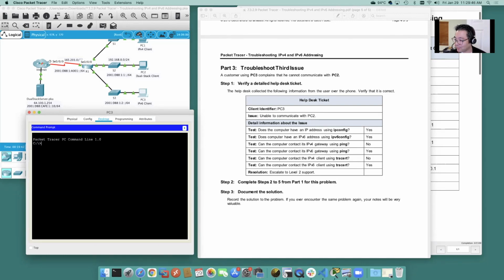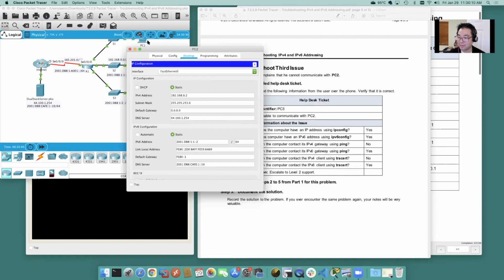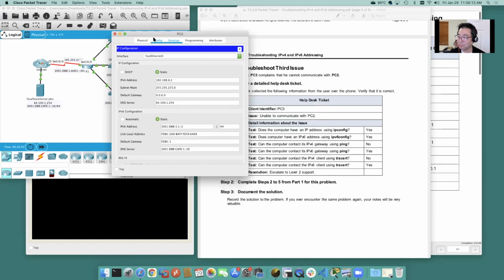So let's make sure that is okay. Yeah, so the trace is complete. It comes up to the router and goes up to PC2. Oh, hey, what's up with that?